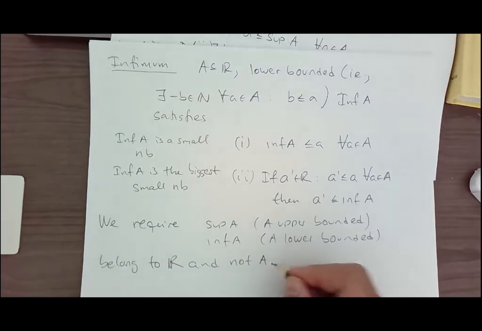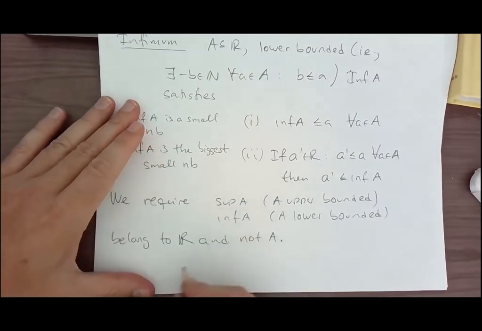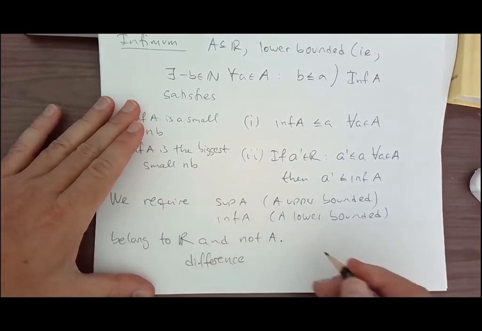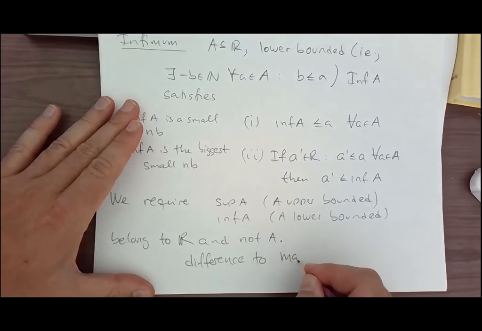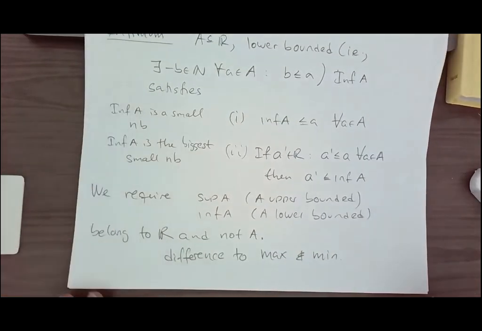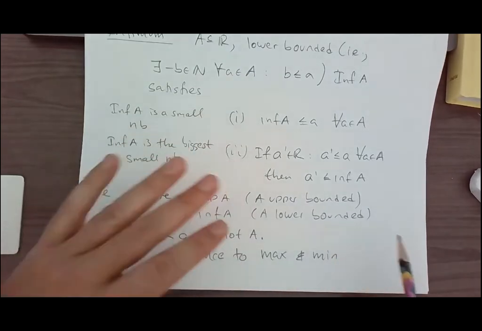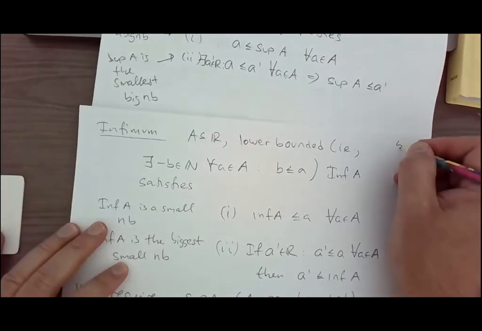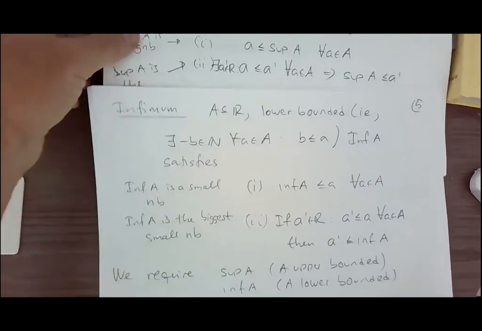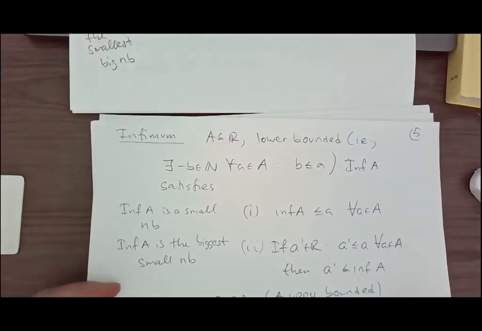And this can be a bit confusing. This is the difference to max and min. We're not using the words max and min on these previous slides. Let me try to look at some examples here. Maybe we can make more sense out of these notions.